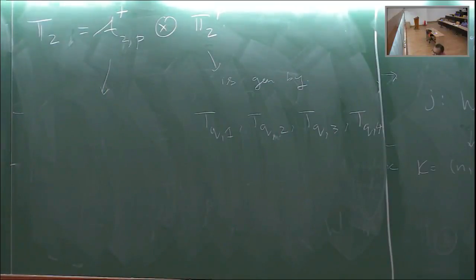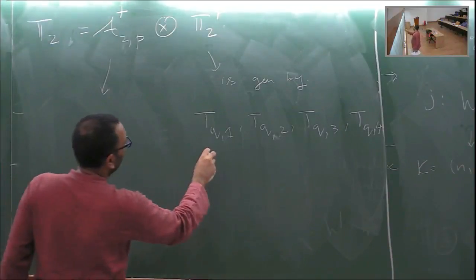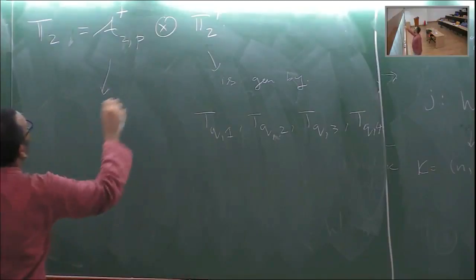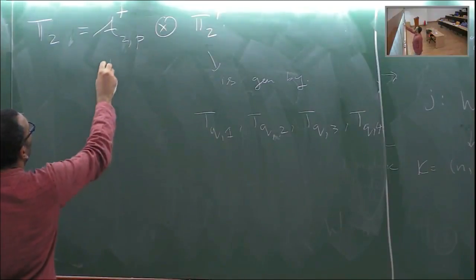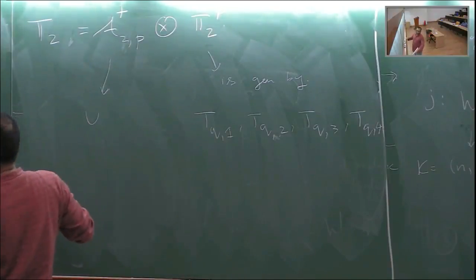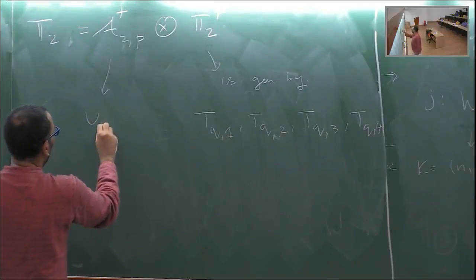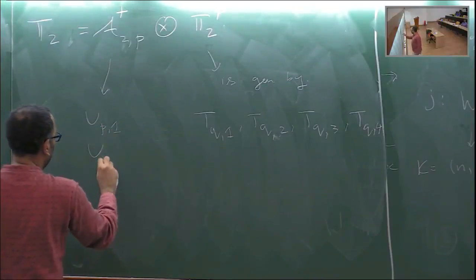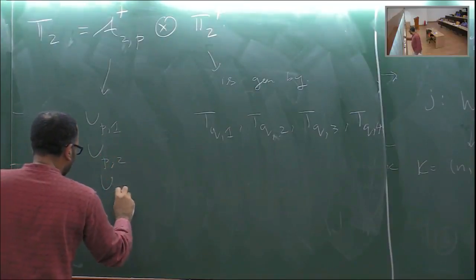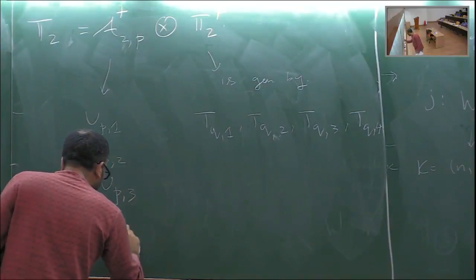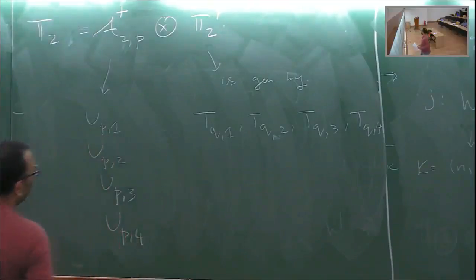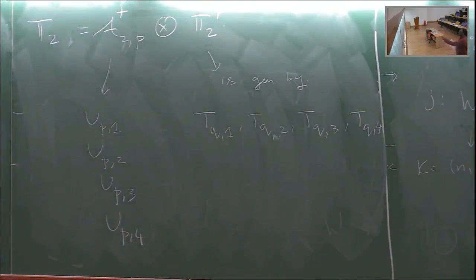By the way, this is over F, so you have primes over F, but this is over Q, so all the primes here are just over Q. And corresponding to these U_P operators, you have U_P1, U_P2, U_P3, U_P4. So these are the 4 operators.